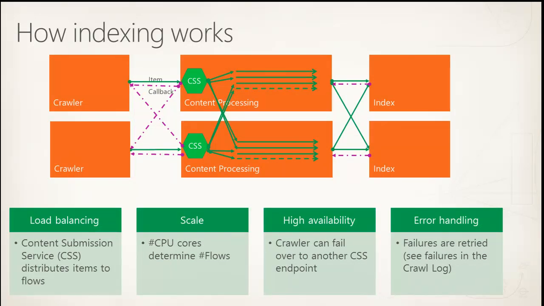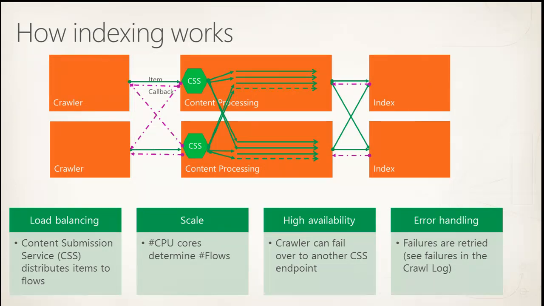For high availability, as I said, the crawler talks to an endpoint. If that endpoint in content processing becomes unavailable, it will automatically just fail over to the endpoint in a different content processing component. And finally, we have another kind of fault tolerance.